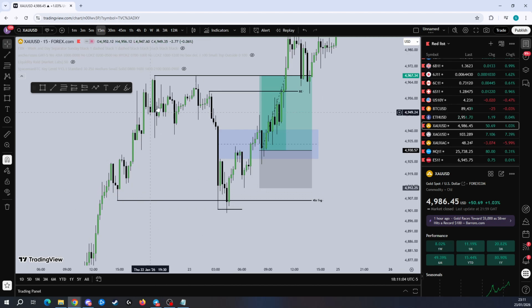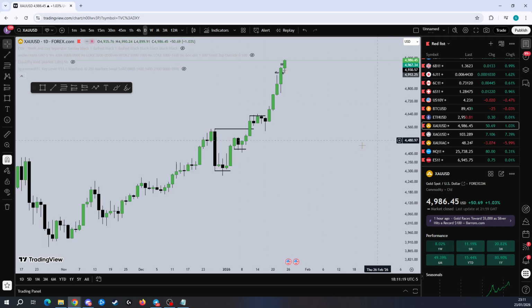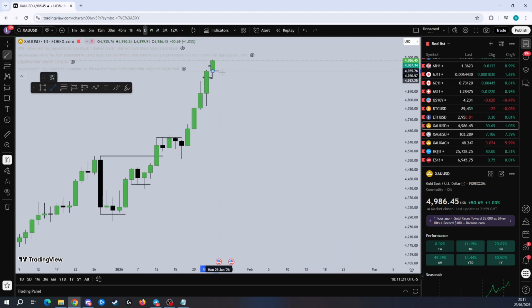But yeah, we had the Asia accumulation displaced below the daily open into the 4-hour fair value gap, so that was clear manipulation, and then all you want to see is displacement back above the daily open. So I might as well even mark the daily open, which was here.